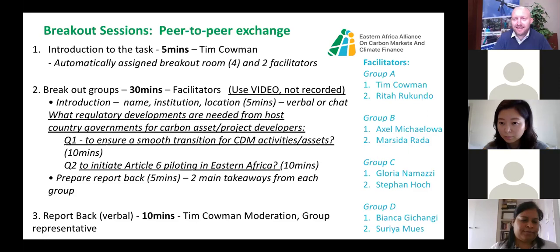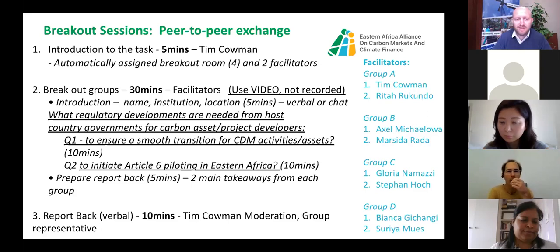Secondly, around implementing the future provisions of Article 6, though you don't need to focus necessarily on piloting. Feel free to focus on either one. After a brief introduction and time to discuss, the idea is in the classical way to report back the 1 or 2 main takeaways verbally, with 1 rapporteur for each group.